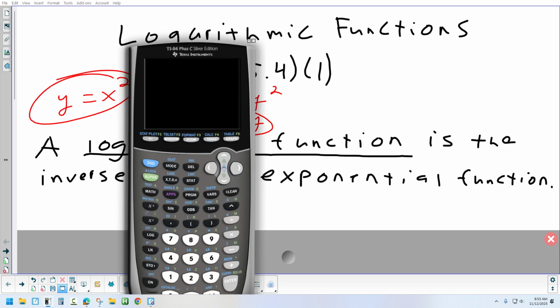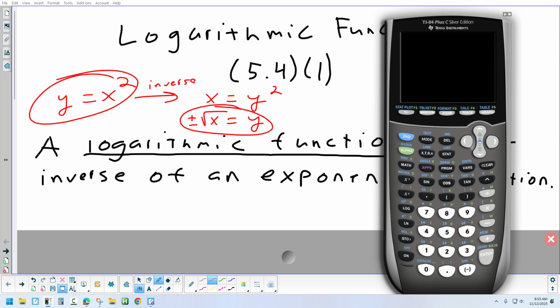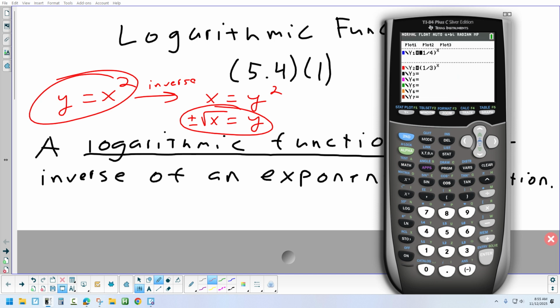Now, let's graph them and see what they look like. Okay, I know there are two square roots, the positive and the negative. I'm going to focus on what's happening in quadrant 1. So that means I'm only going to draw half of the parabola, and I'm only going to end up drawing one of my square root functions. So let's put in x squared.